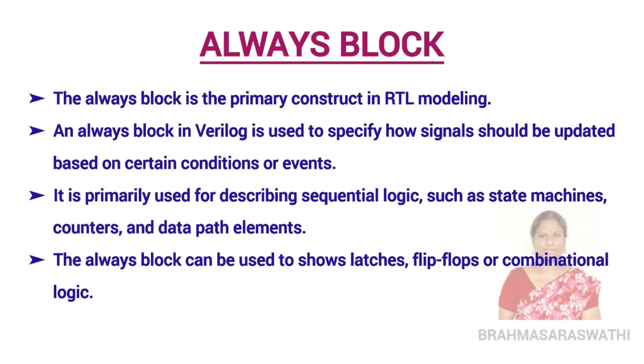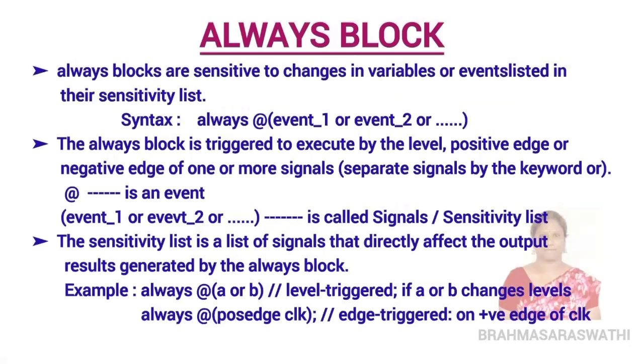The fourth point is the always block can be used to show latches, flip-flops or combinational logic. The next point is always blocks are sensitive to changes in variables or events listed in their sensitivity list. This means we can easily change the variables or events in the always blocks.